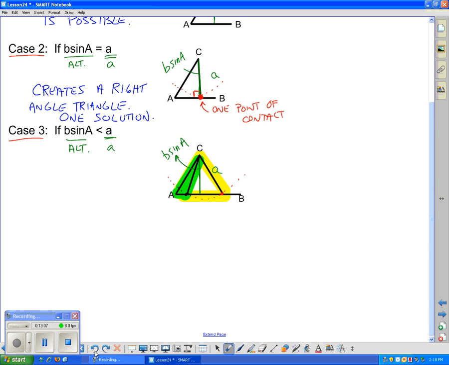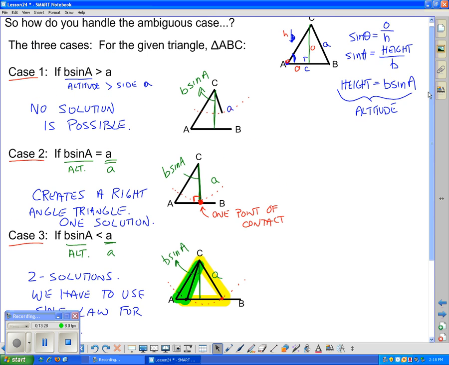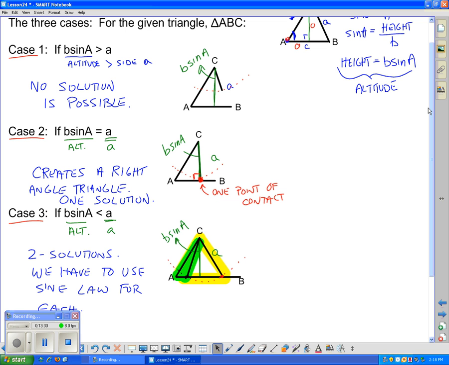So if that's the problem, we have two solutions, and we have to use sine law for each. All right. So those are the three situations that arise when we are using the sine law here.